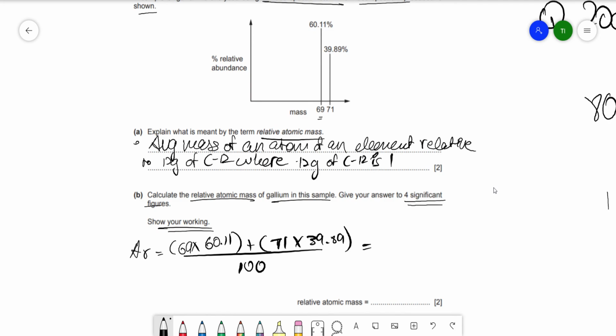In your calculator, when you plug that in, 69 times 60.11 plus 71 times 39.89, divided by 100. To 4 significant figures, the answer would be 69.80. The actual answer is 69.7978, so 69.80 to 4 significant figures.